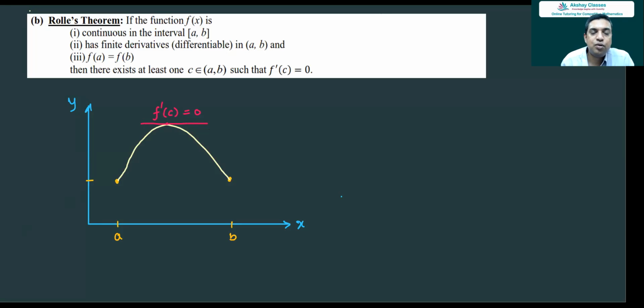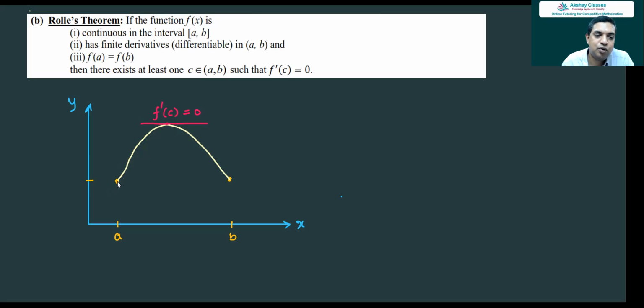Clear? So if two function values are equal at the extreme ends of an interval, and in between the function is continuous and differentiable, then definitely there will be a point where the derivative is 0 inside. It is at least 1 point. Why at least 1 point? You can have more than 1 point.